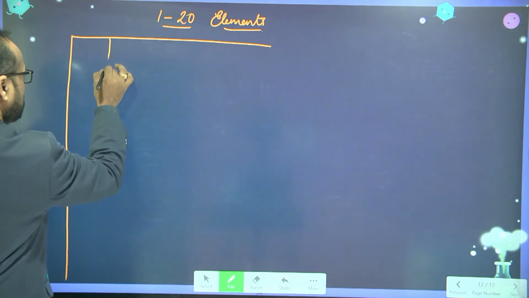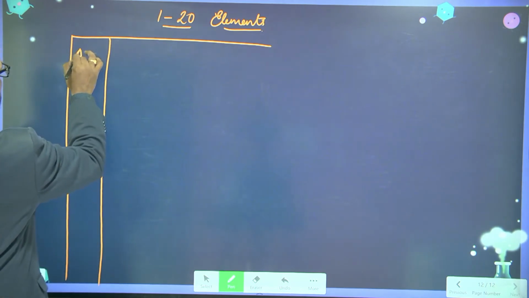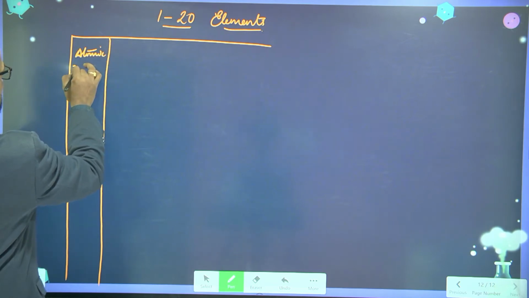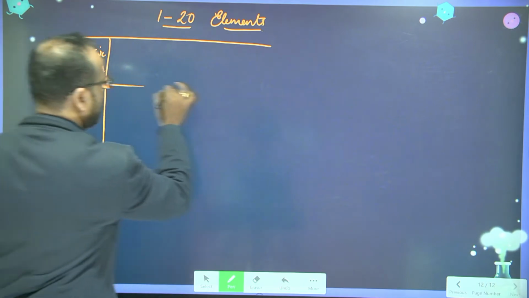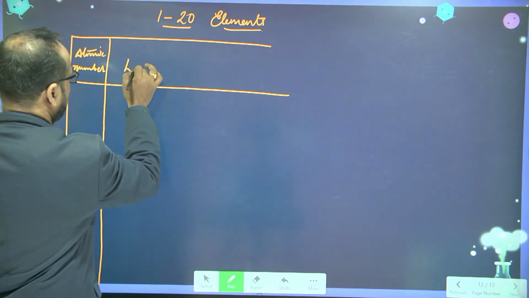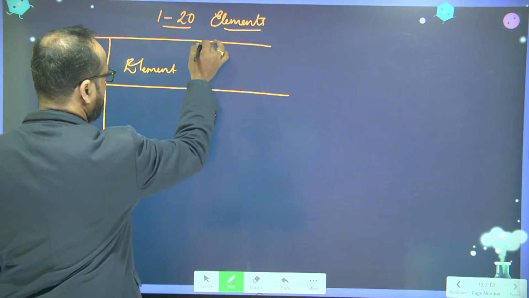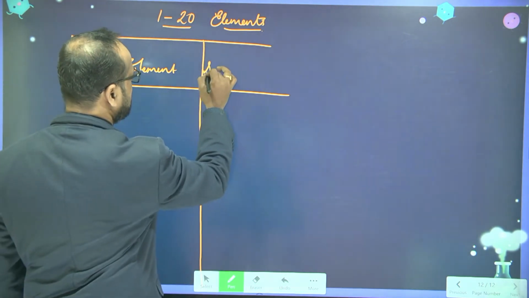This is the first column, in this write atomic number. Students, I will explain all these things, what is atomic number and everything. Next you write element here, then you write the symbol.